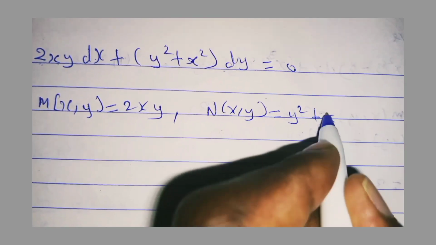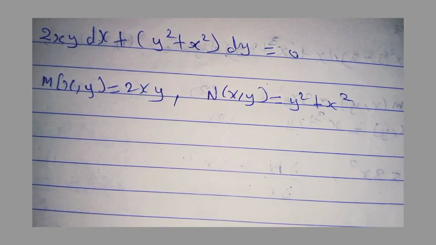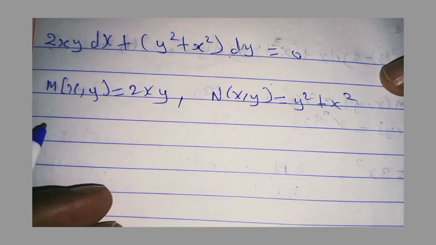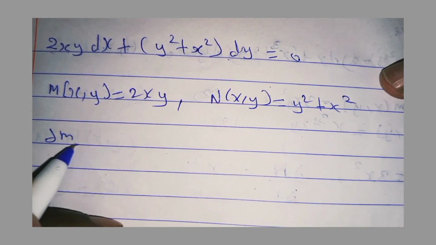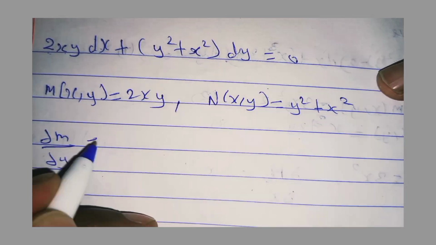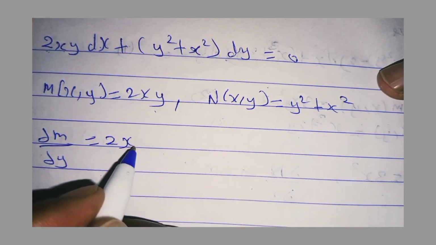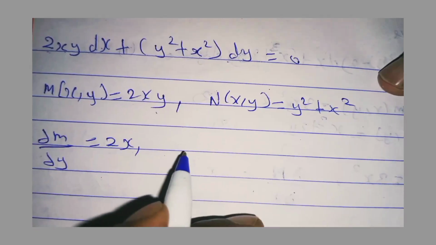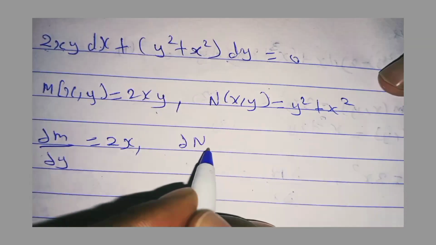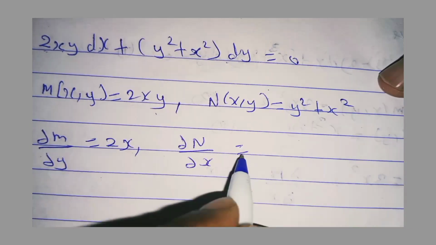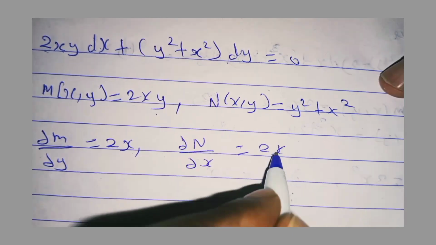Then the next thing, you get the partial derivative of M with respect to y, and in our case it will give you 2x when you differentiate that partially. Then you get the partial derivative of N with respect to x, and in our case it will give you 2x.